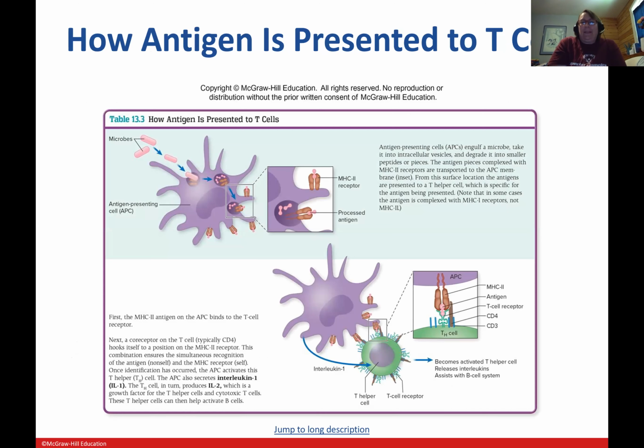Again, this is a pictorial view. Here we have a picture of a dendritic cell, and I know that because macrophages kind of look like fried eggs. They've got that nucleus in the middle and this kind of undulating edge on the outside. Dendritic cells have all those little spiky projections. They look like sea anemones, with these waving things that help it eat the original pathogen. As you can see, a microbe is coming into the dendritic cell.